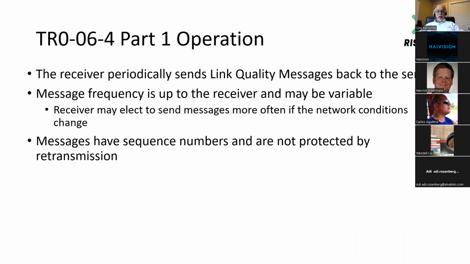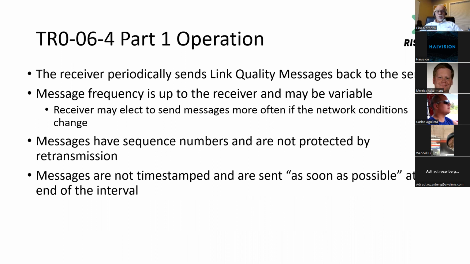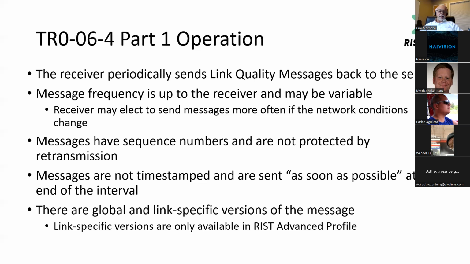And those messages have sequence numbers and are protected for transmission. And we don't timestamp them because you don't want stale information. Send them as soon as possible, react on them as soon as possible, and that's that. And there are global and specific versions of the message. Only RIST Advanced Profile has the link specific messages.